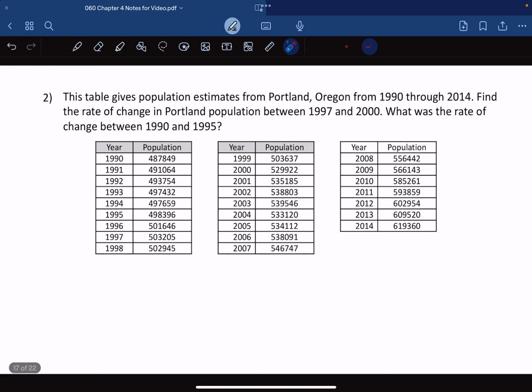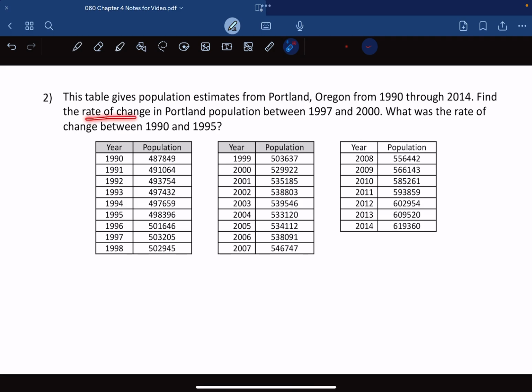Let's look at another problem here. And then we have one more concept for this section that we will look at. So this is, once again, another rate of change problem. This table gives population estimates from Portland, Oregon, from 1990 through 2014.